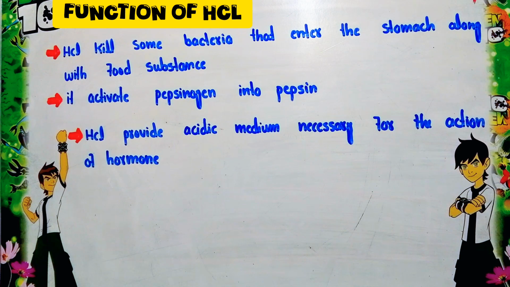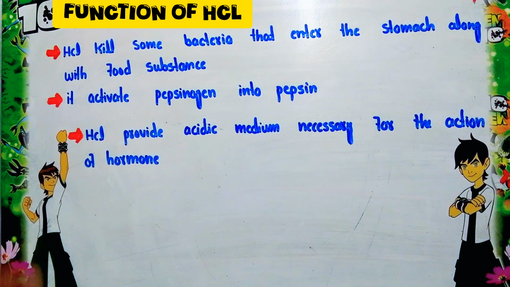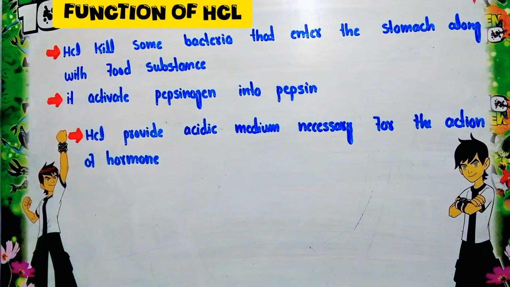The activation of pepsinogen occurs in an acidic medium, which is mainly provided by the hydrochloric acid. Due to this, pepsinogen is converted into its active form, pepsin. So this is the second function of HCl.